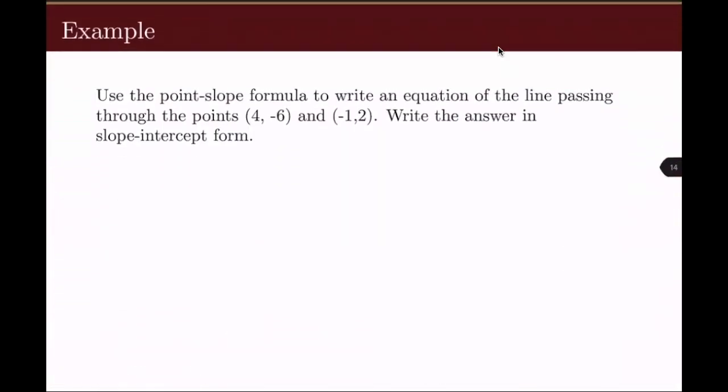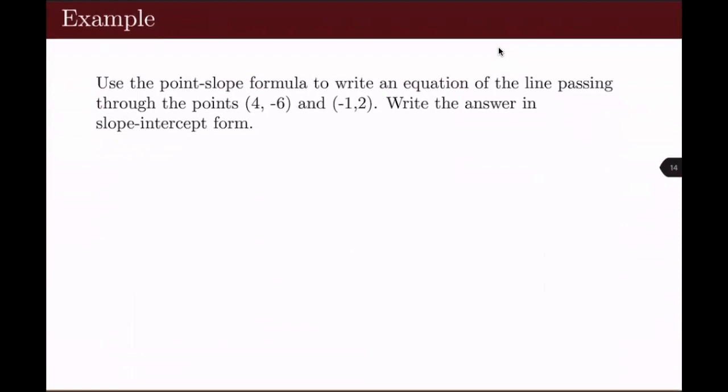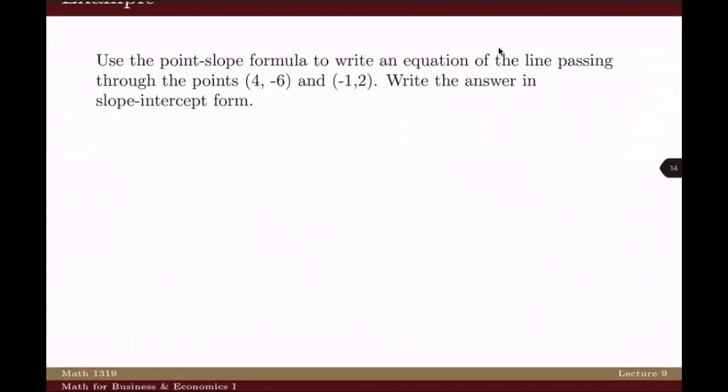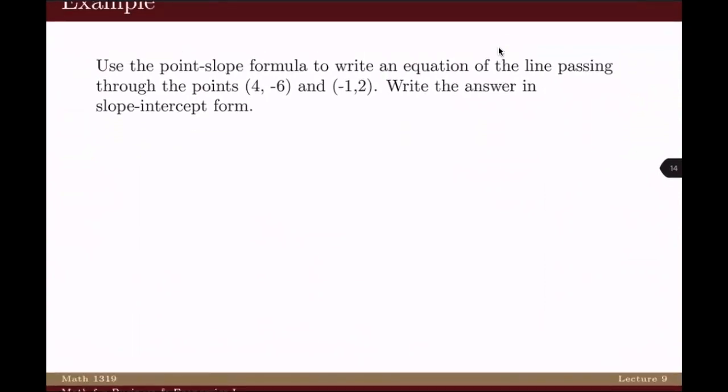Let's keep going. Example: use the point slope formula to write an equation of a line passing through the points (4, -6) and (-1, 2), and write the answer in slope-intercept form. The first thing we need to notice is that we weren't given a slope, so we need to find the slope.